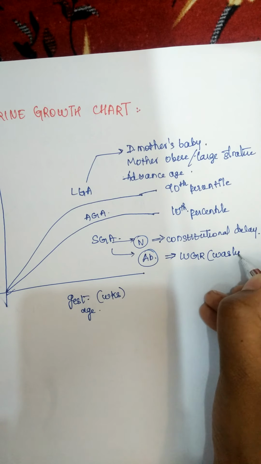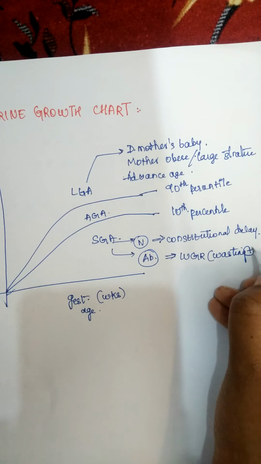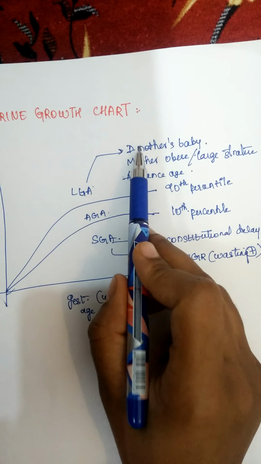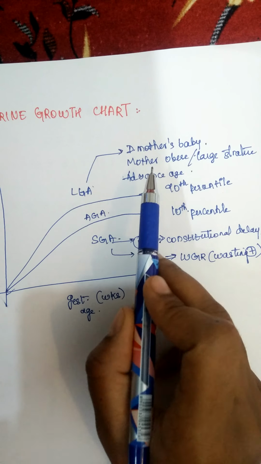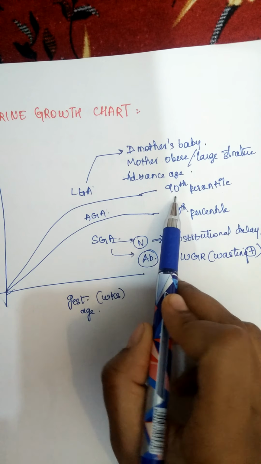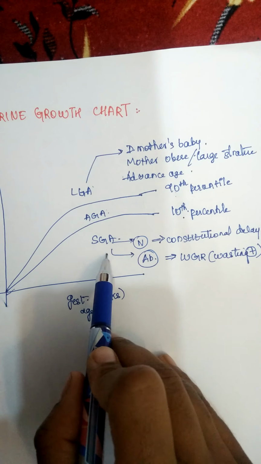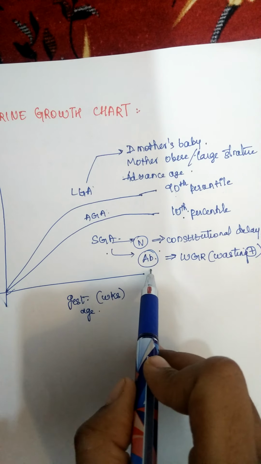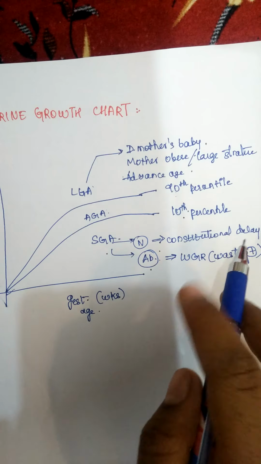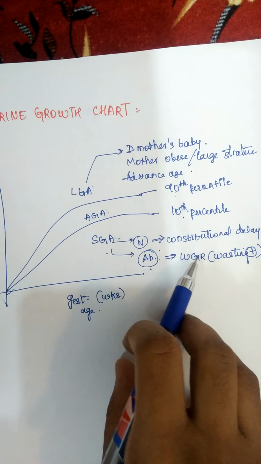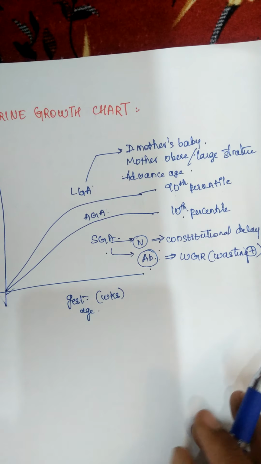In IUGR, wasting is positive. So you should remember, LGA is due to diabetic mother or obesity, advanced age. AGA is normal, that is between the 90th percentile and 10th percentile. And SGA is of normal type or abnormal type. Normal is constitutional, abnormal is IUGR. In IUGR, you can see the wasting is present.